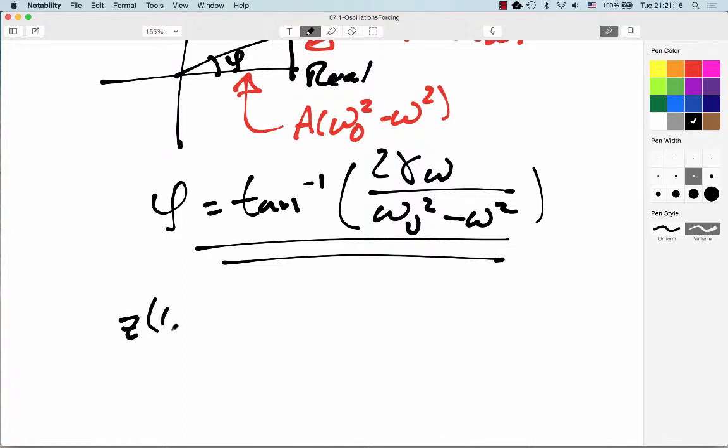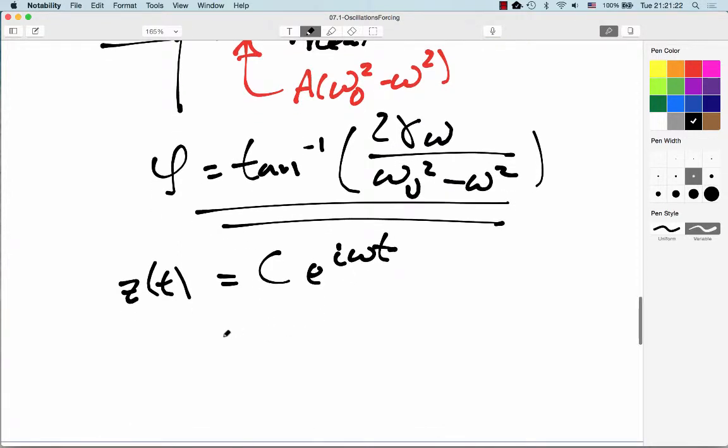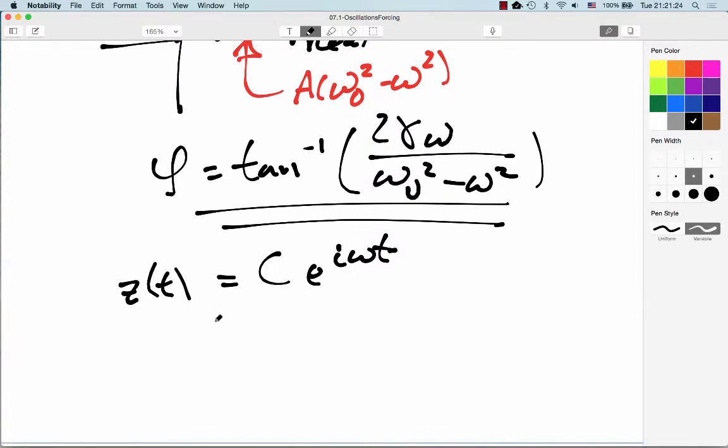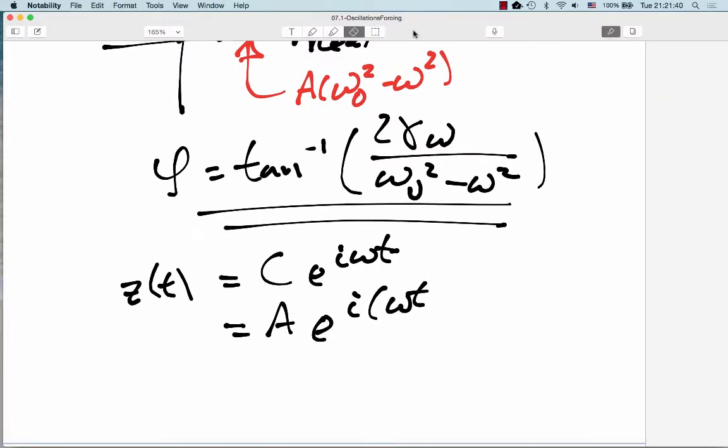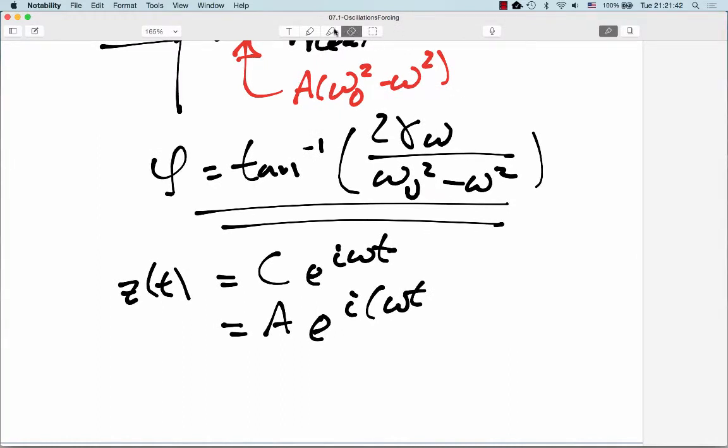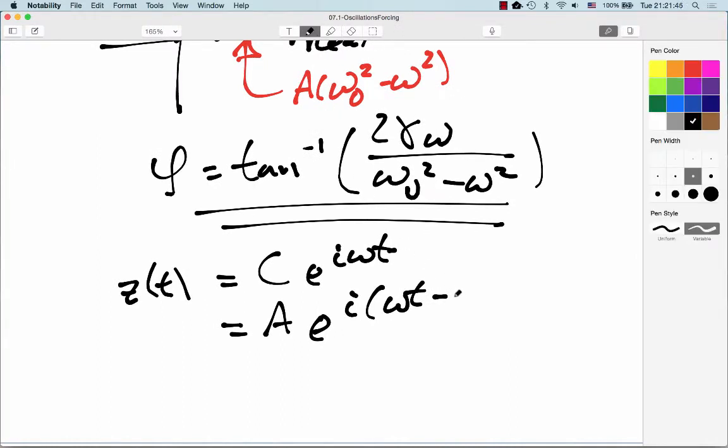We have z of t is equal to c e to the i omega t. We worked out that c was A e to the minus i phi, so I'll just put that in over there. So it'll be A e to the i omega t minus phi.